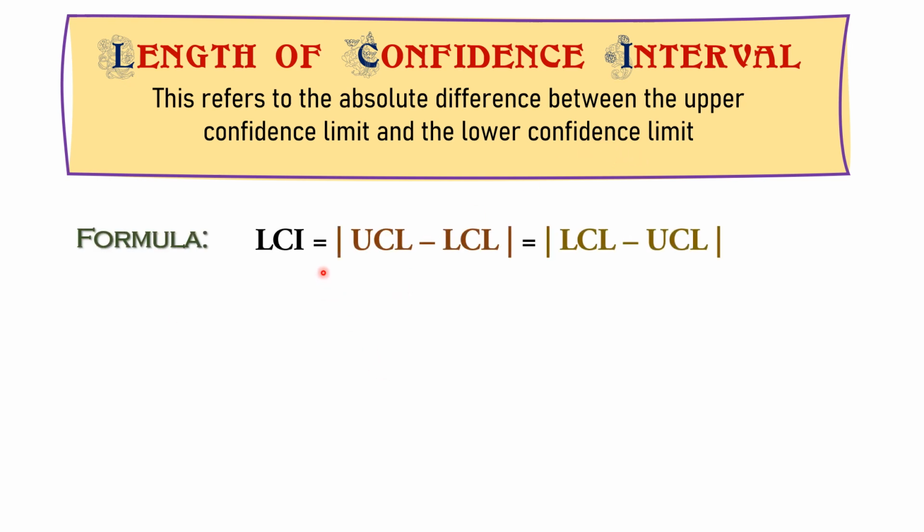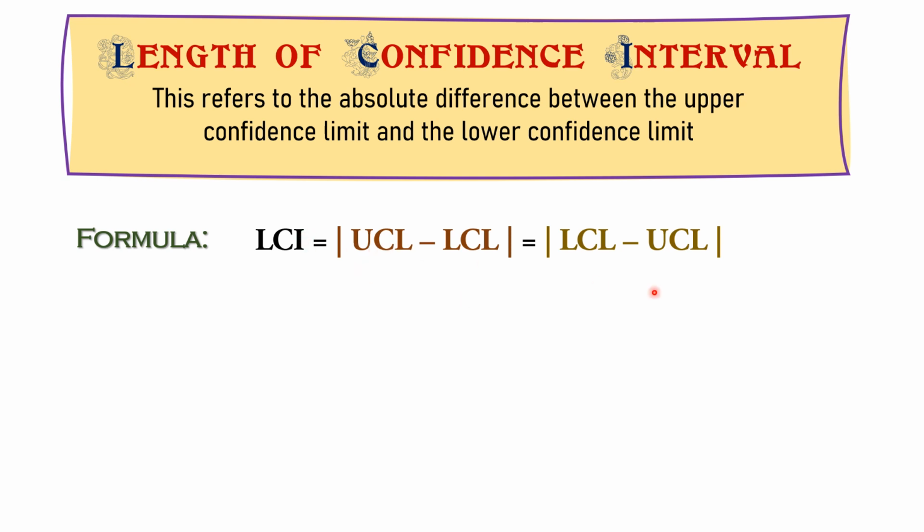LCI is equal to the absolute value of UCL minus LCL, or the absolute value of LCL minus UCL. So here, guys, we have the absolute value. If the difference is negative, then with the absolute value that will be positive. Even if the result is negative, the final answer would be positive when we talk about absolute value.